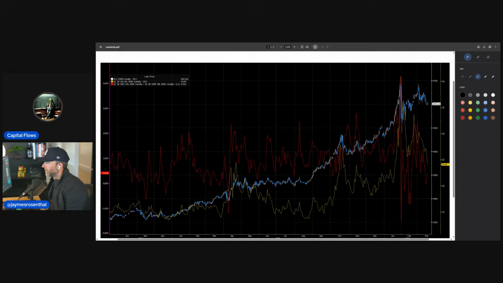Especially when you stack these metrics. This setup right here is wild to me. You had skew blow out right here in red for gold at the highs. So call skew is blowing out. And you had the same thing right here when we made this other move up. But now vol has just been collapsing in gold.